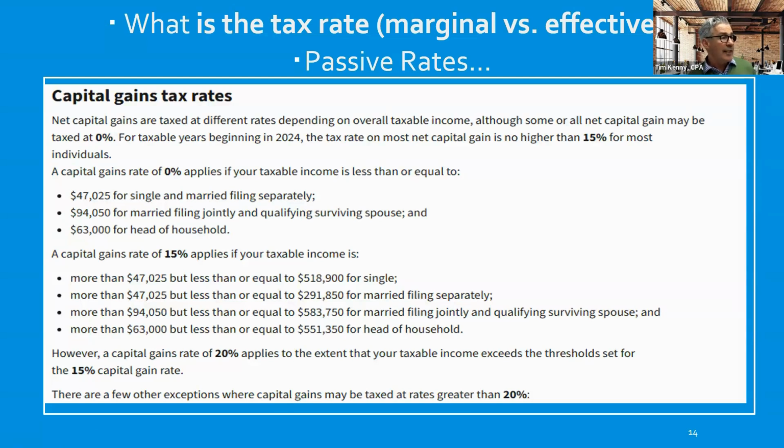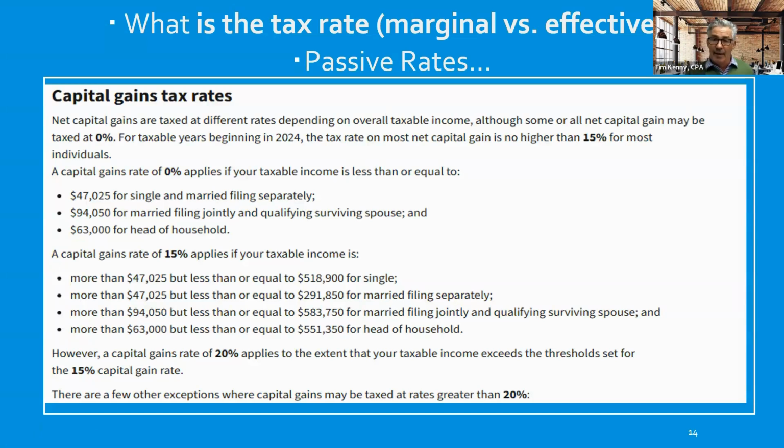And so essentially, if you're a single filer, to carry that forward, and your income is between 47,025 and 518,900, the rate is 15%. If you're over that 518,900, then you're subject to the 20% gain rate on the portion that exceeds the 15% gain rate.